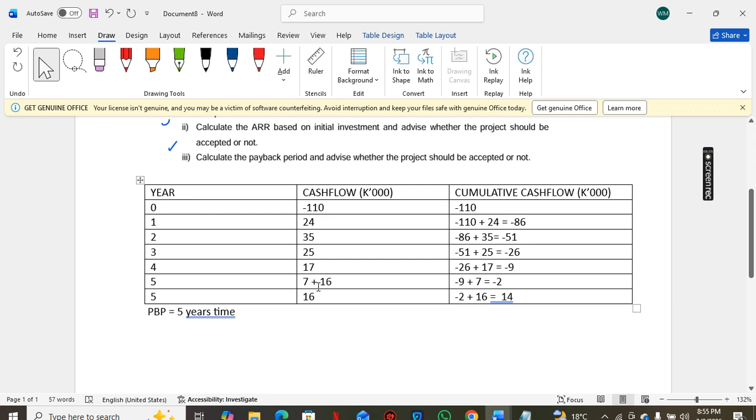I just wanted to separate them to show that you should also include the residual value of whatever equipment you're dealing with. But if we want to avoid confusion, let's do it like this. We add this 16 million, the residual value, plus the 7. 16 plus 7, that is what? 21, right? So negative 9 plus 21.